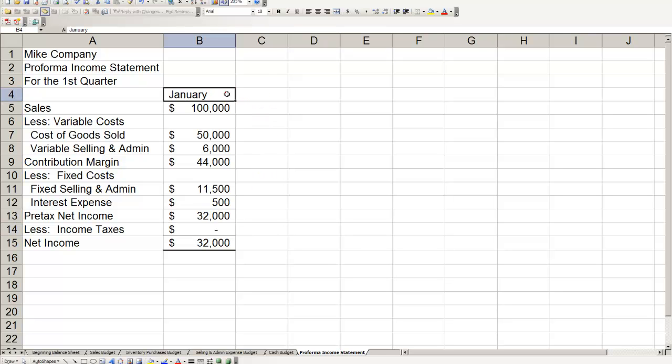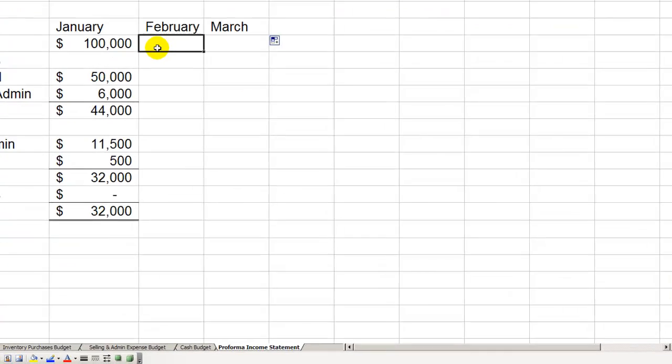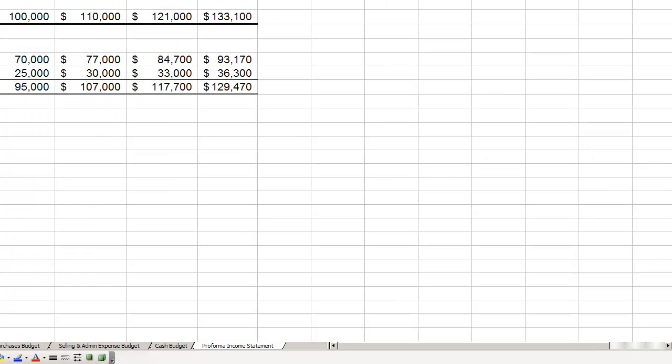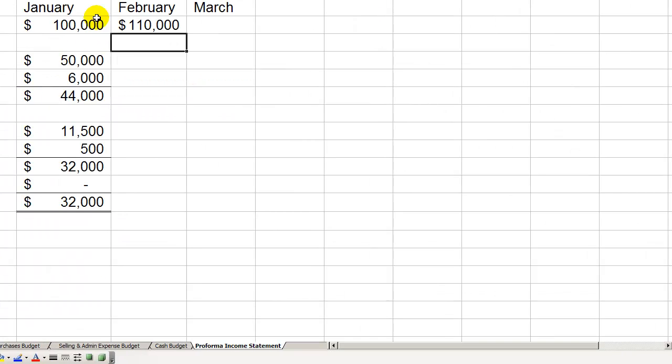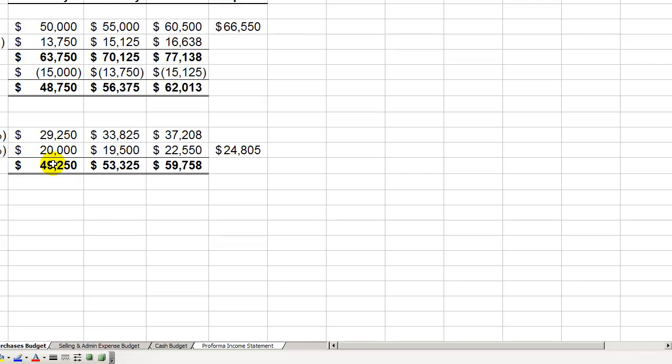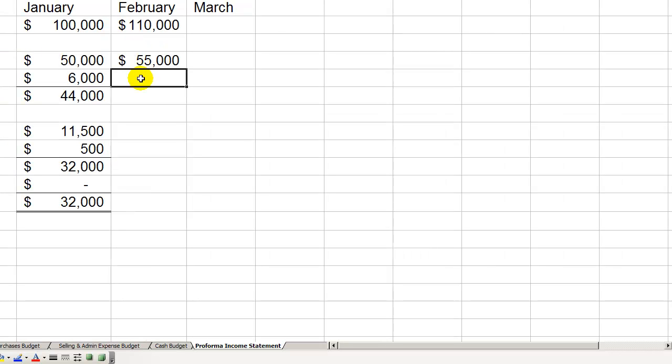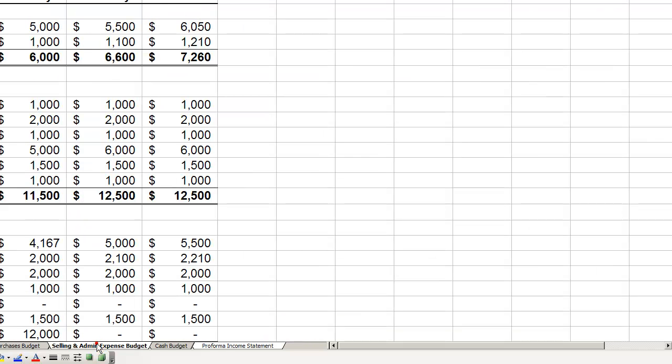So we can do February and March fairly easily. We know that February's sales, go to the sales budget. Our cost of goods sold is on our inventory purchases budget. We know variable selling and administrative expenses is on our selling and administrative expense budget.